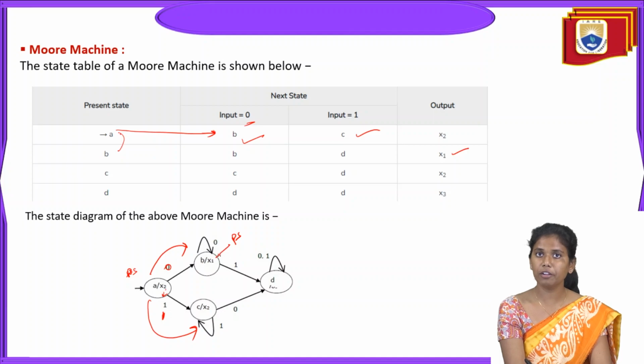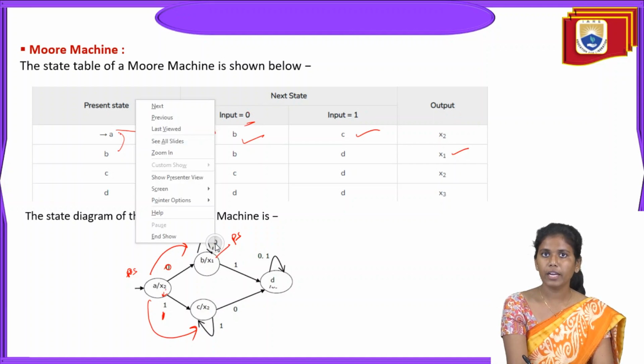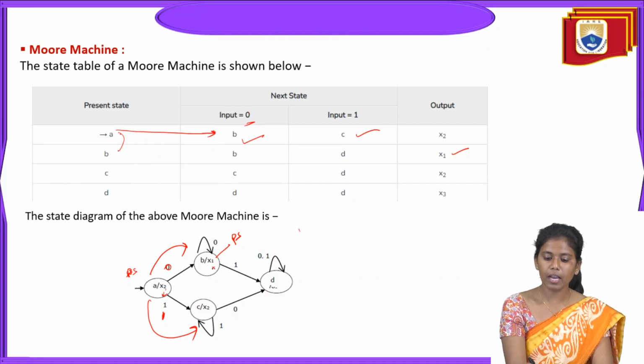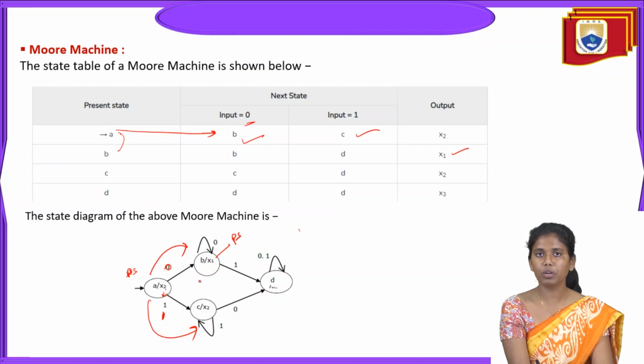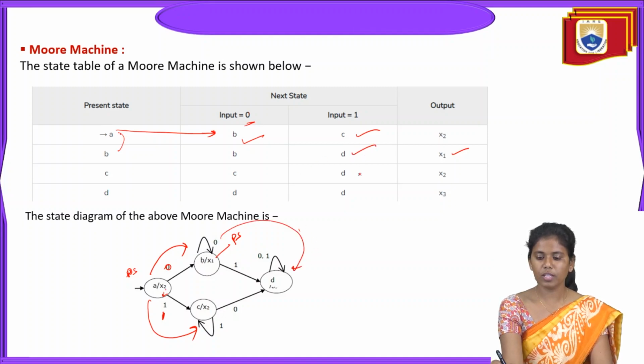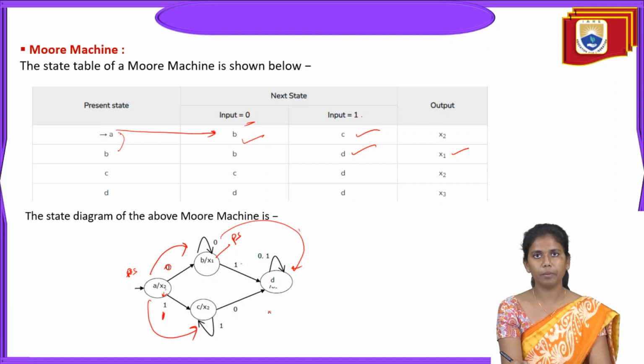Okay, B to B itself, when the input is 0, my output is x1. And when the input is 1, the transition is taking place from B to D. So that's the reason when the input is 1, the transition is taking place from B to D, right?